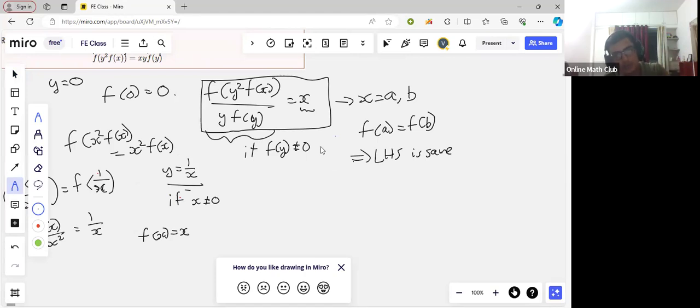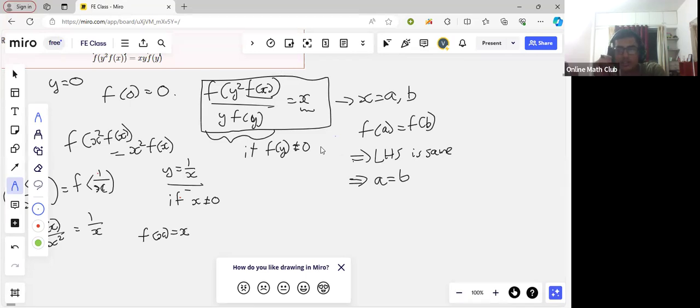Because both of them depend only on f of x. We have no term consisting only of x or something other. We only have terms depending on f of x. So the LHS will be the same when you put x equal to a or x equal to b. So this implies the RHS will also be the same. That is, we'll get a equal to b.